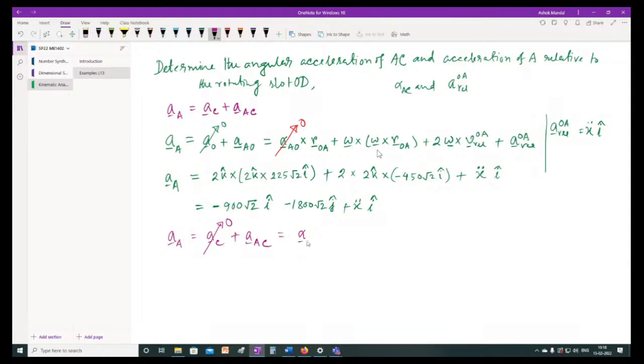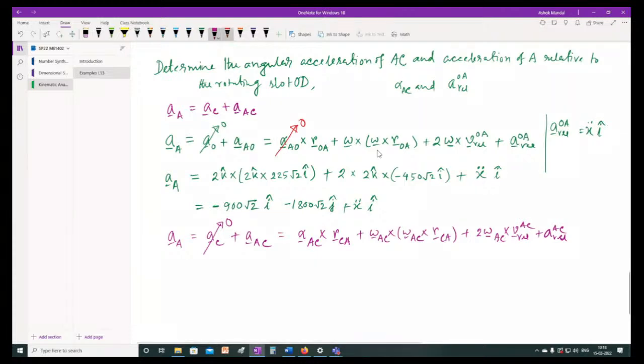So this is alpha AC multiplied with RCA plus omega AC cross omega AC cross RCA plus 2 omega AC into V relative plus A relative.